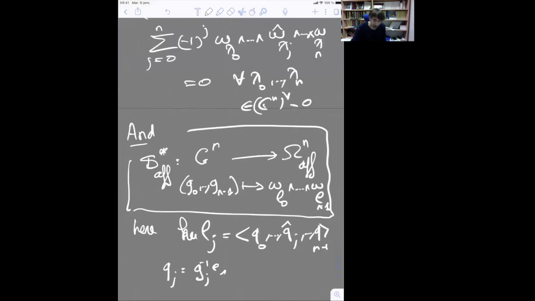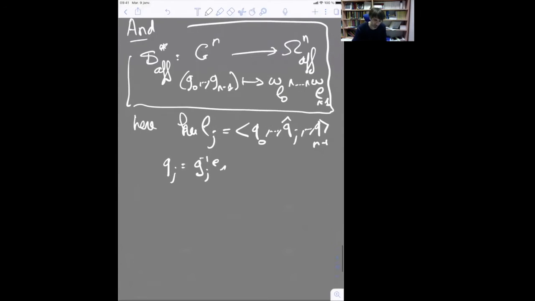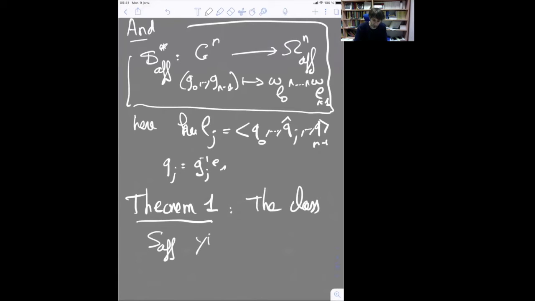And so a first theorem that one can prove coming from the topological side is this: the classes associated to these two cocycles, S affine and S affine star, yielded by the above construction.